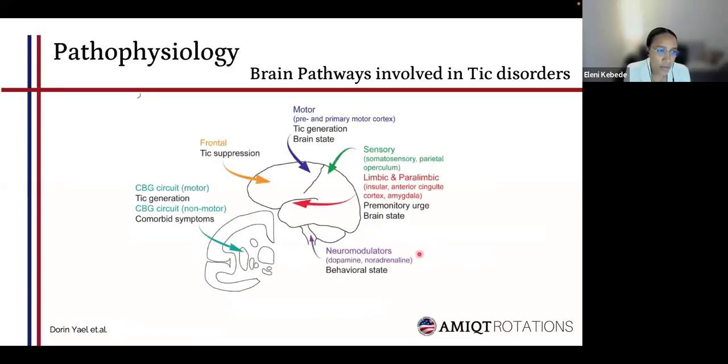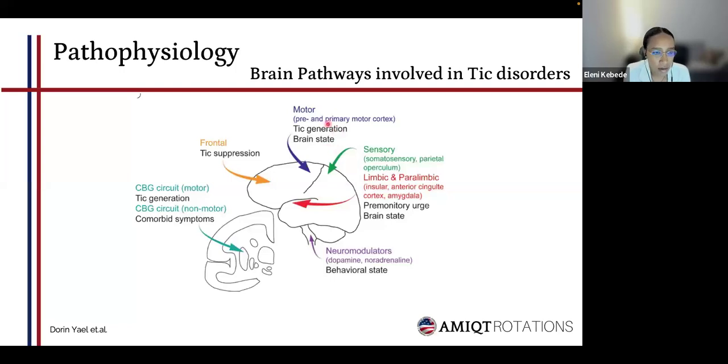Okay, so when we talk about the pathophysiology, for tics it's very complex, and multiple networks and circuits have been noted and are still being studied by researchers. The main tic generation usually starts in the cortex, the pre and primary motor cortex.